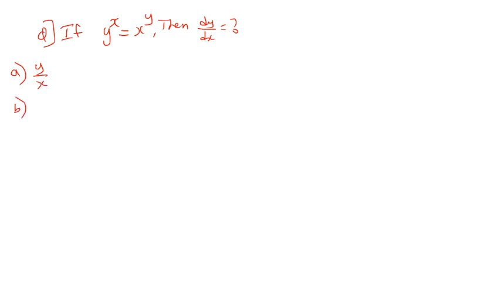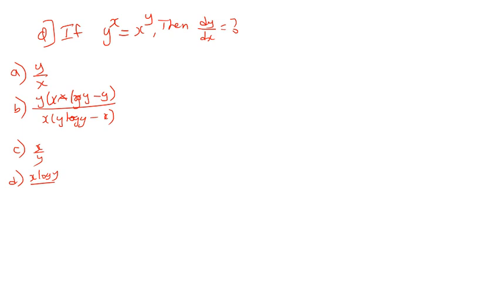Option B, x into log y minus y divided by x into y into log y minus x. Option C is x by y, and option D is x log y divided by y log y.